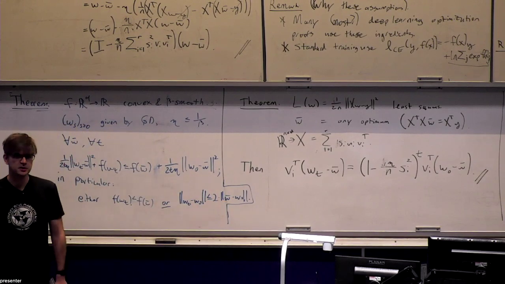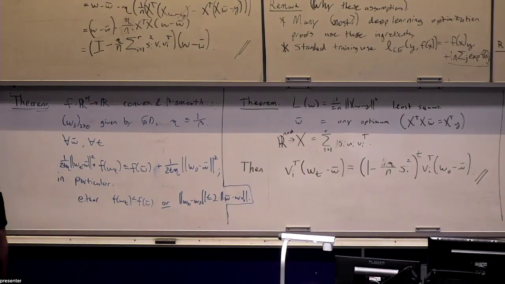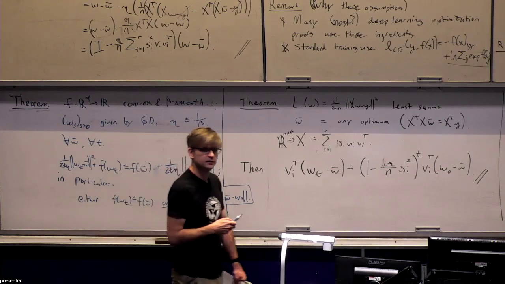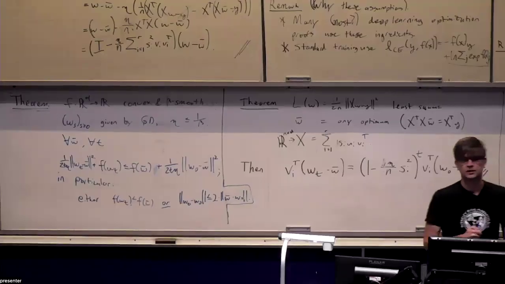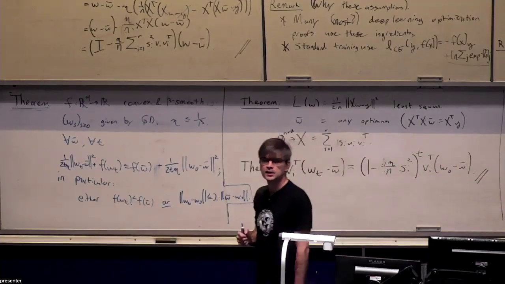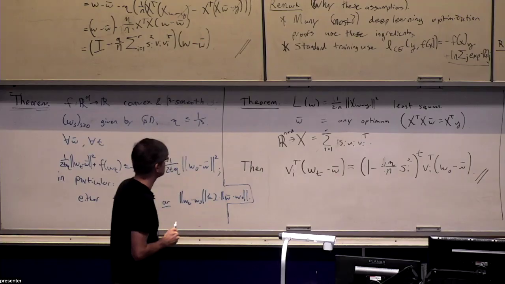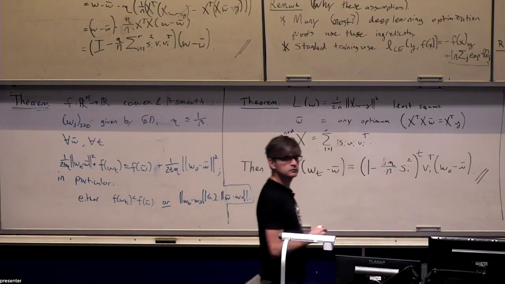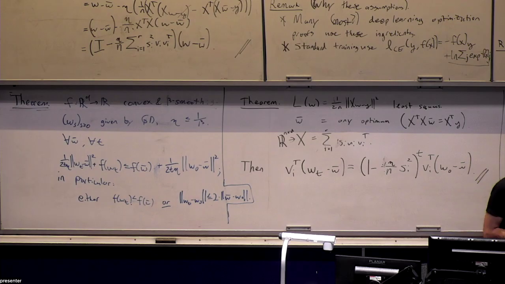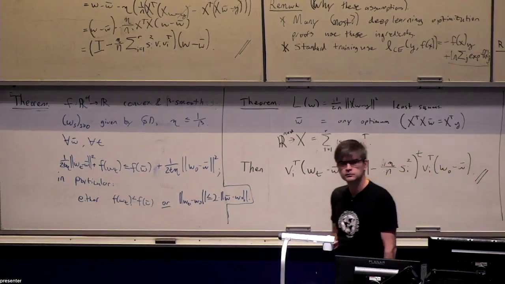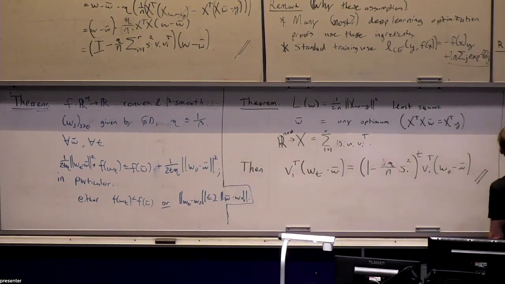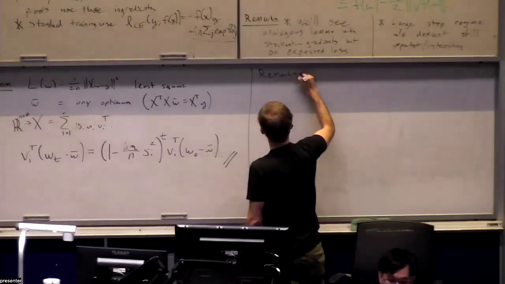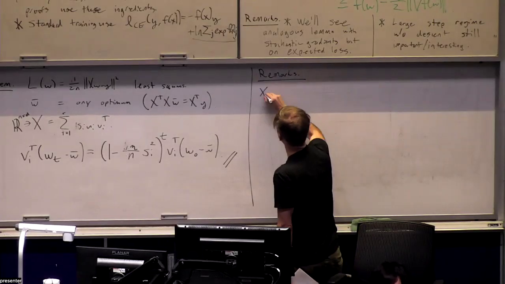So if you want, just set W0 equal to 0, then it's norm of WT is less than or equal to 2 times norm of W bar. Yeah, sure.